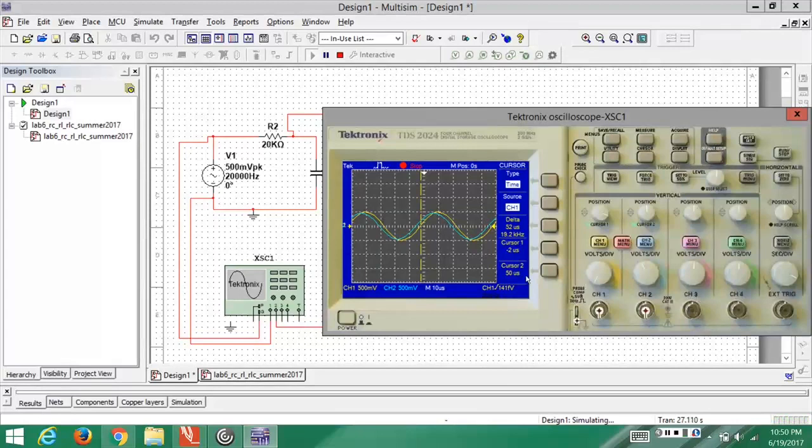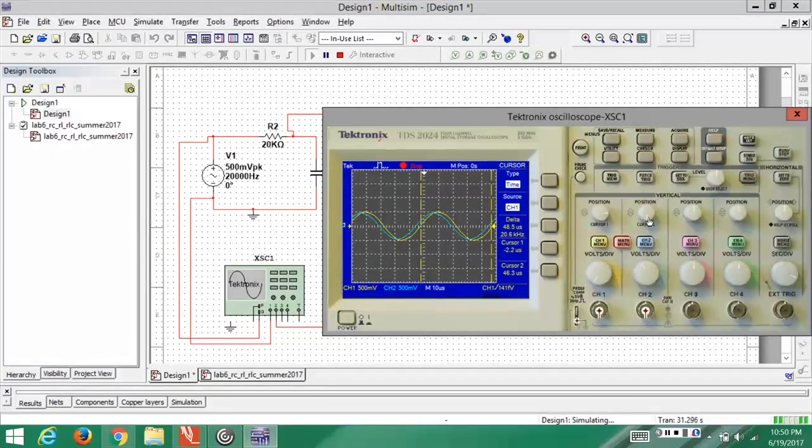Now I'm going to move the second cursor to a position where I think this cycle ended and record the time reading for that. So select cursor 2 from the menu, and then again use the vertical positioning knob to move it. As it turns out, for cursor 1 it is the vertical positioning knob for channel 1, and for cursor 2 it is the vertical position knob for channel 2.